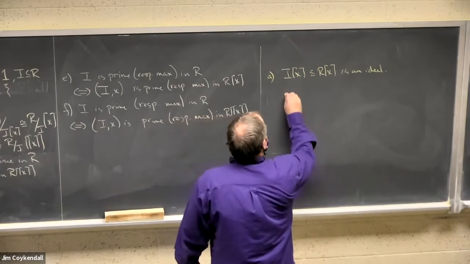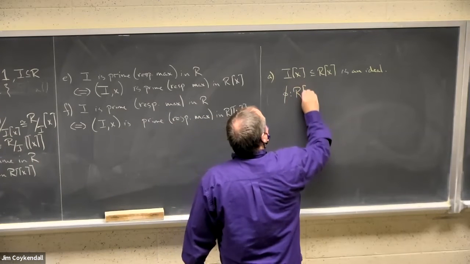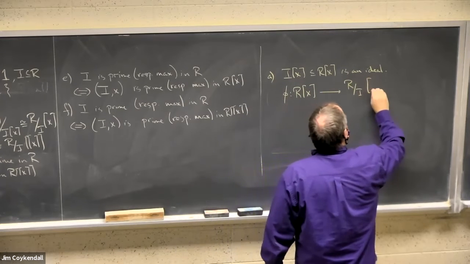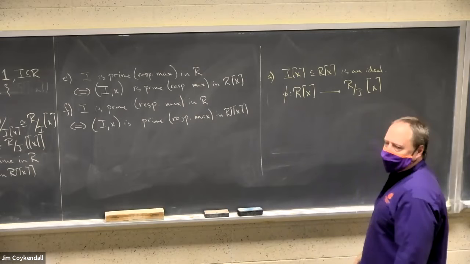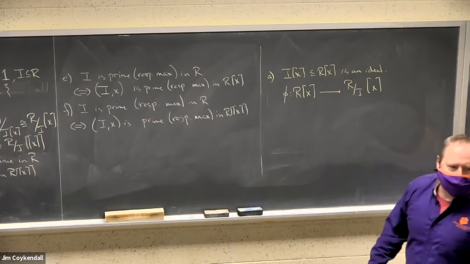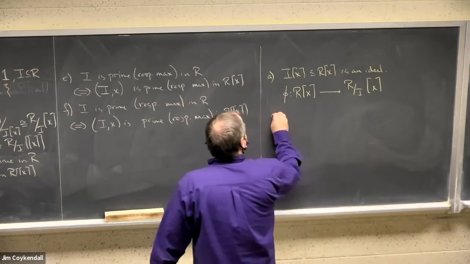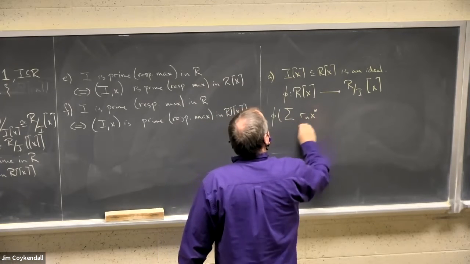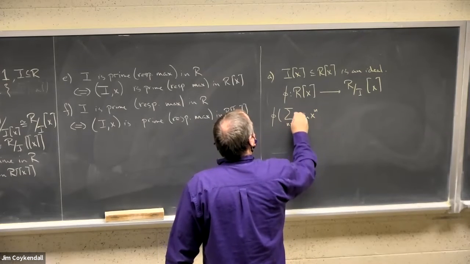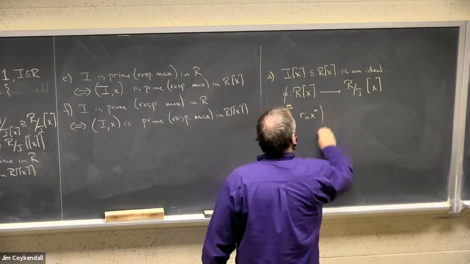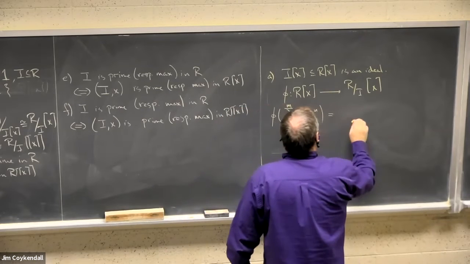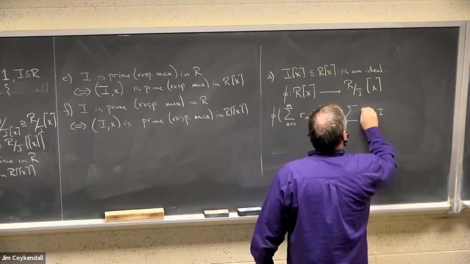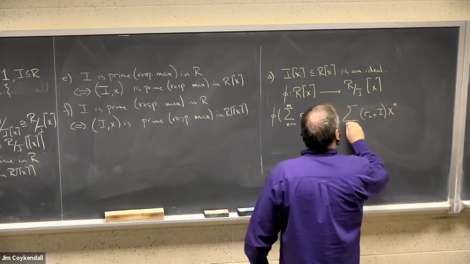Well, if you look at phi from Rx into R/I x, I love the first isomorphism theorem, and that's where I'm going with this. What I'm going to do is take an arbitrary sum Rn xn and let this be the sum of (Rn + I) xn.